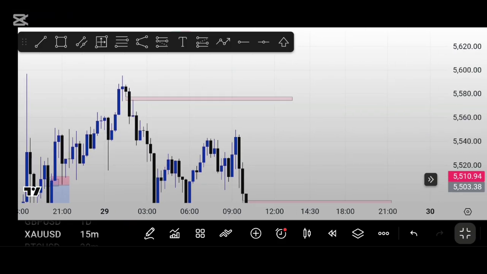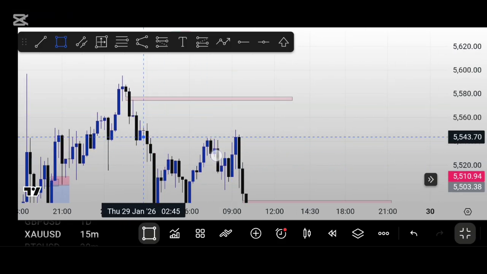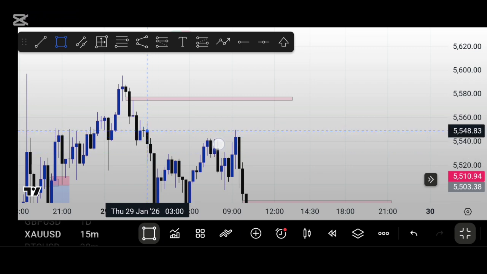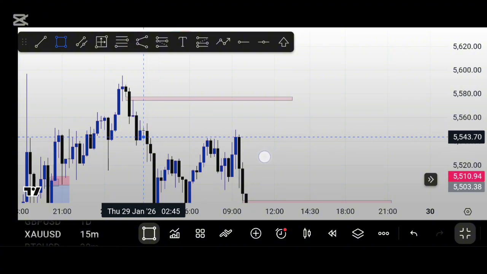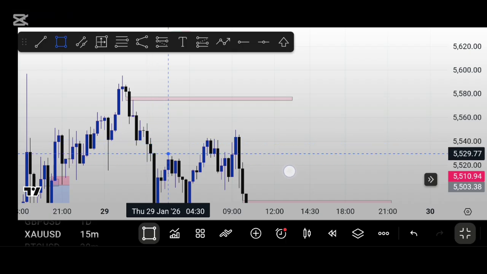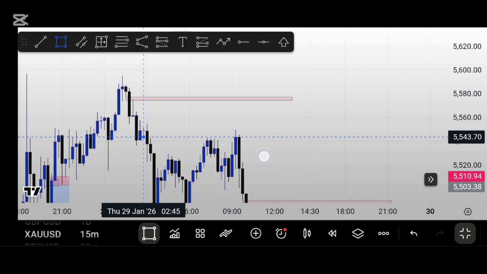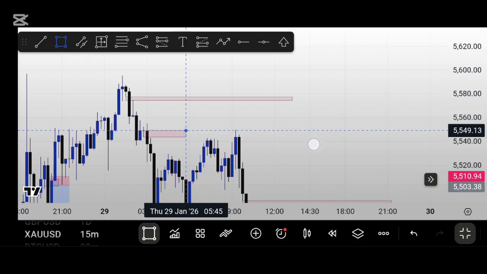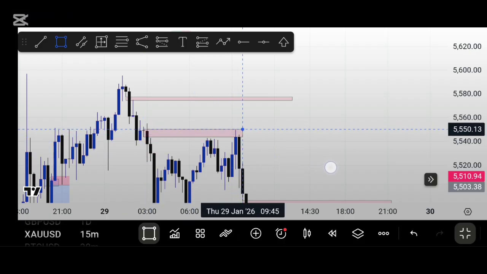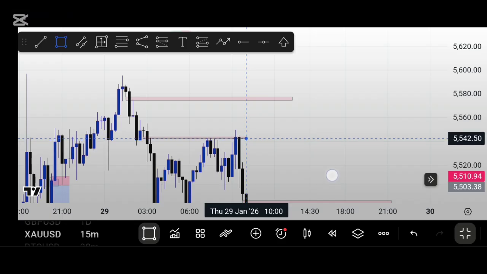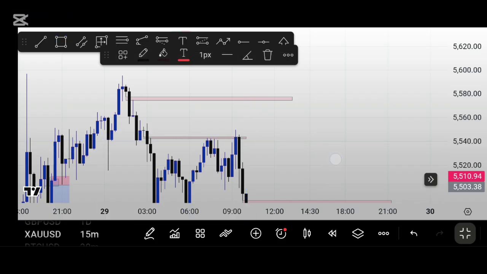I'm trying to look at this one now. As an SLP trader, many people pick the entry from the order block here, because it's an order block you reacted to. But most of the time you can see after this liquidity over here, this is the fair value gap created here. It's small, but that is still an FVG.